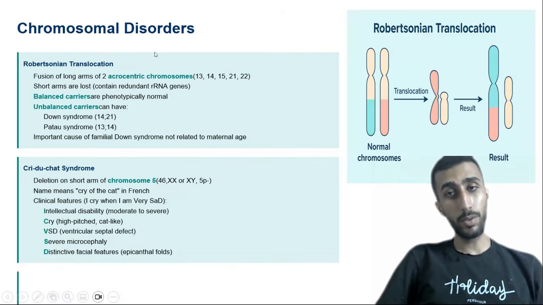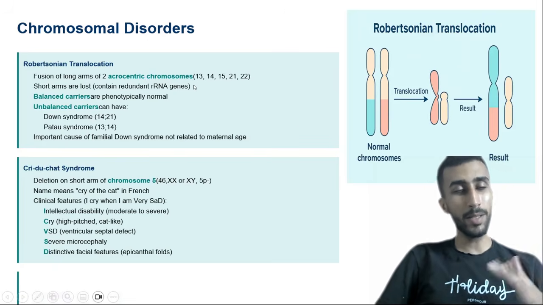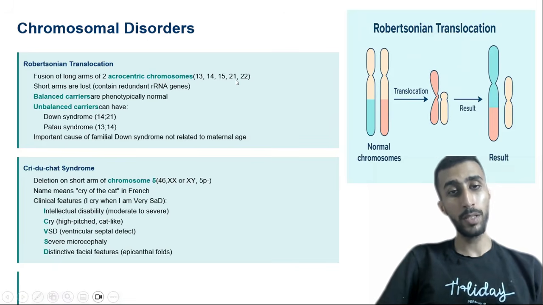So the chromosomal disorders, remember, Robertsonian translocation was responsible for 4% of the cases of Down syndrome. So what do we mean by Robertsonian translocation? This doesn't occur at any chromosome. It occurs at 13, 14, 15, 21, and 22. So these chromosomes are special because they have long arms and short arms. The short arms contain some redundant rRNA.